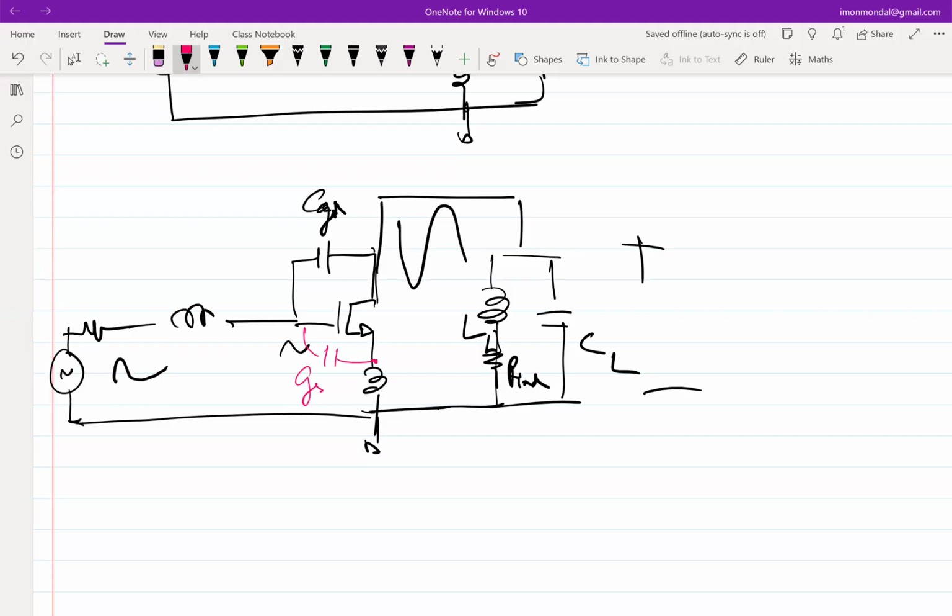So what is the easiest way to get rid of this issue? You cannot change the size of the transistor of this GM because that has so many other implications. Given that you have fixed the size and CGD will be there, I do not want to have this issue associated with CGD. What can I do? Cascode, right?